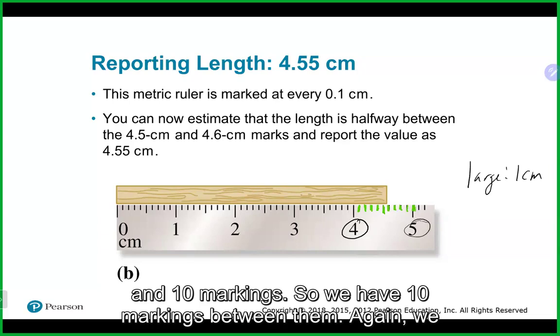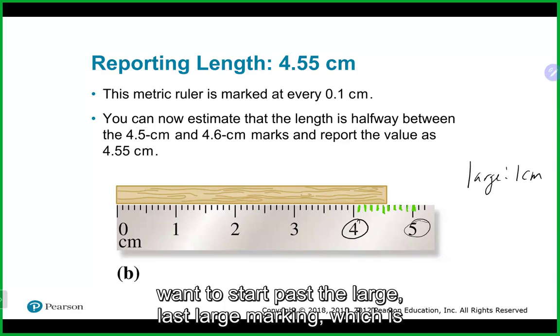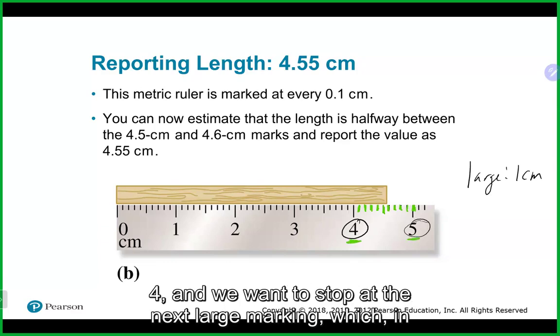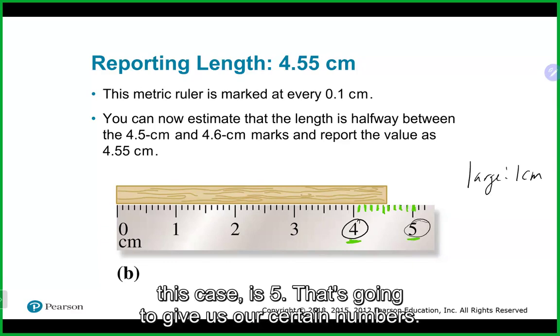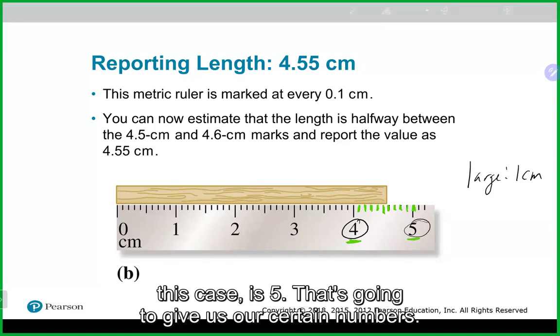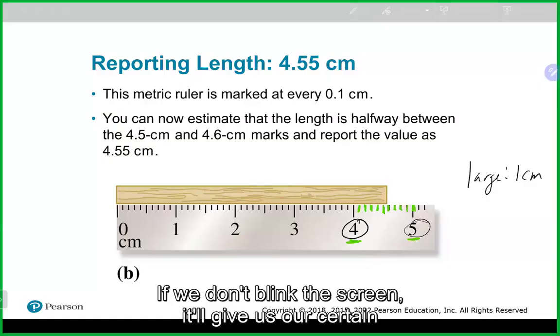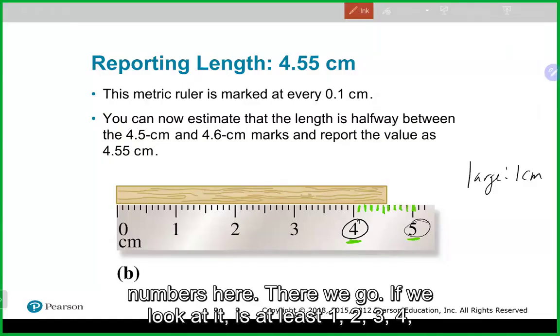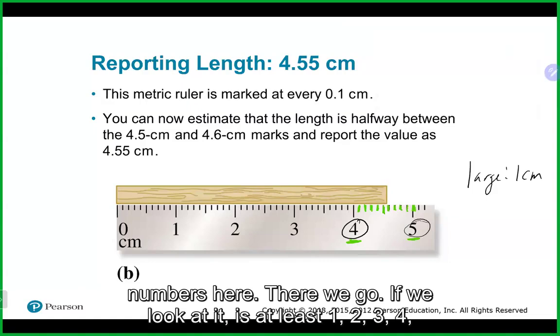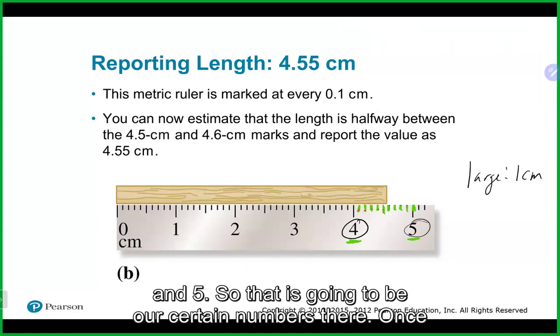So we have 10 markings between them. We want to start past the last large marking, which was 4, and stop at the next large marking, which is 5. That's going to give us our certain numbers. If we look at it, it is at least 4.5. So that is going to be our certain numbers there.